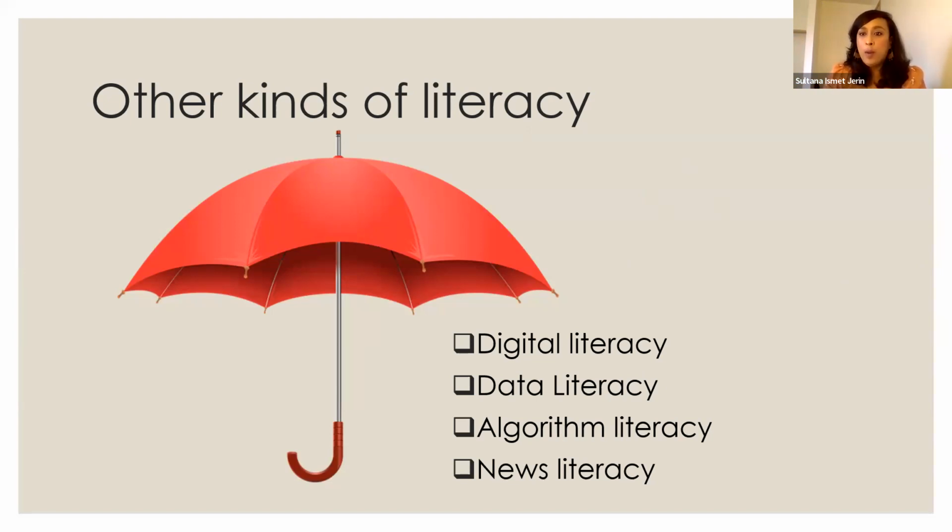Data literacy is more about being able to read, interpret, and evaluate the data. Algorithm literacy is more about understanding the biases of computer programming. News literacy is about understanding the credibility of the news. So if you see the definition of media literacy, it's kind of all of them. They touch on that definition. So let's focus on the broader media literacy term and go from there.